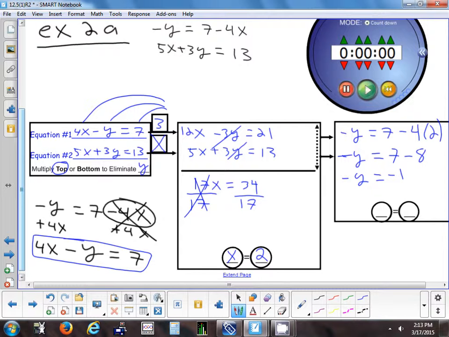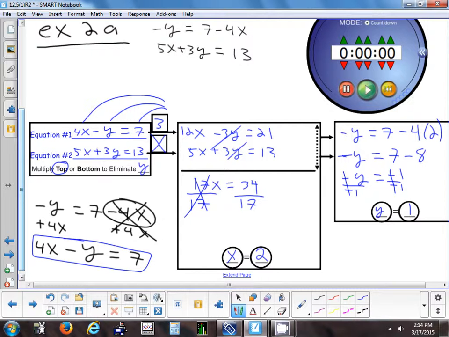So we have negative y equals negative 1. So how do I divide by negative 1? Ryan, what's y? A negative divided by a negative becomes a what? Positive.